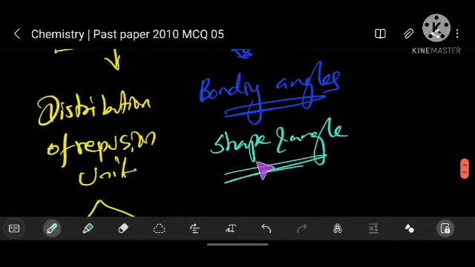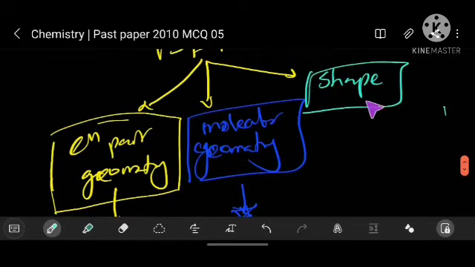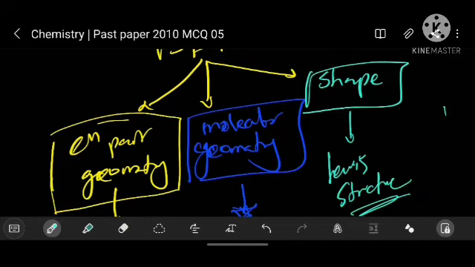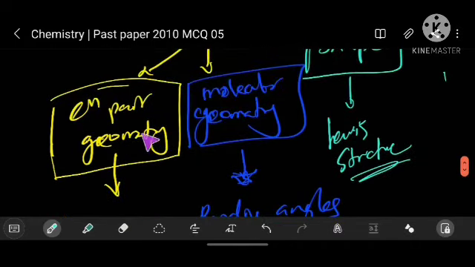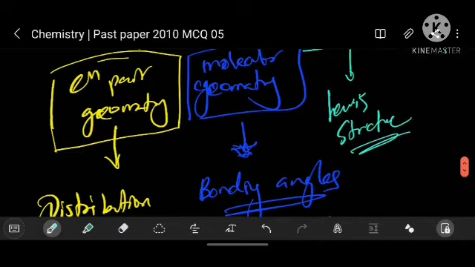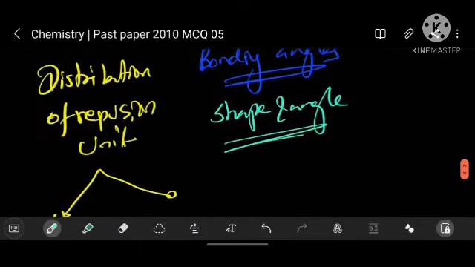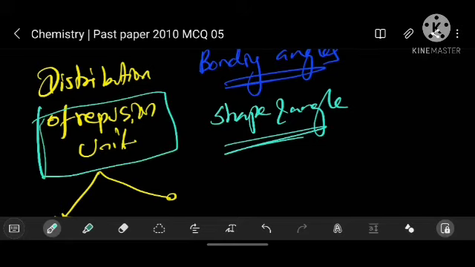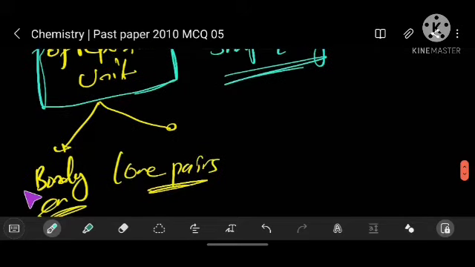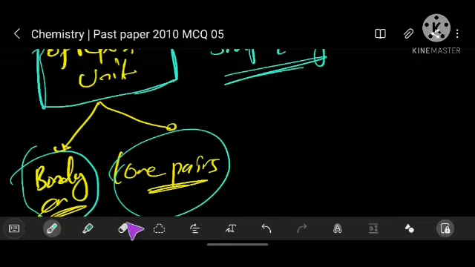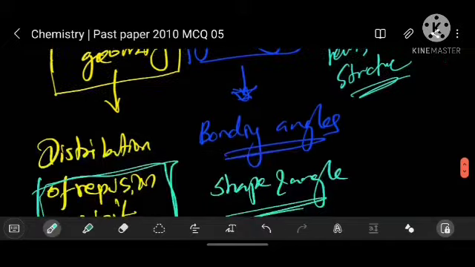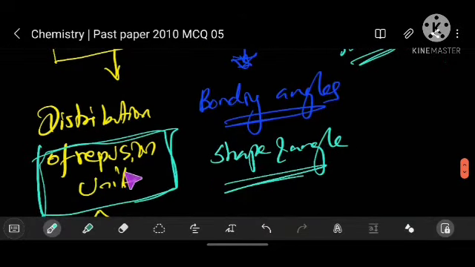The shape of the molecule represents the Lewis structure without the bond angles. And the electron pair geometry represents the geometry of repulsion units. I told you earlier there are two types of repulsion units: the lone pair electrons and the bonding electrons. So that is the short summary.